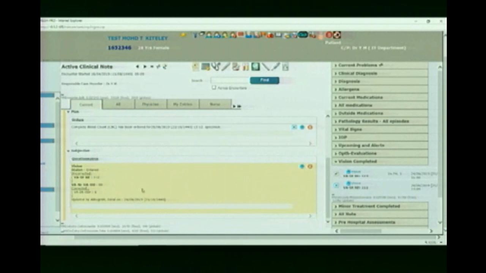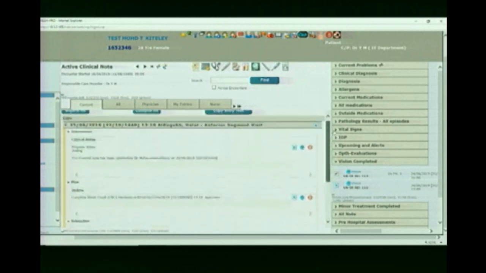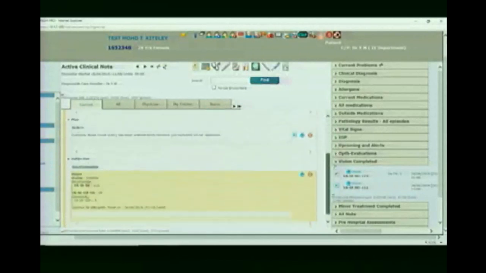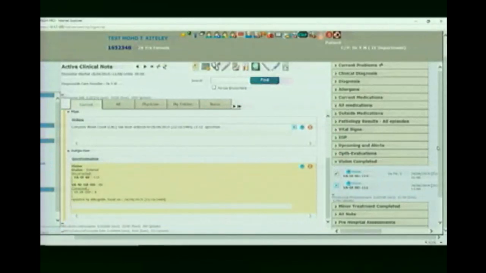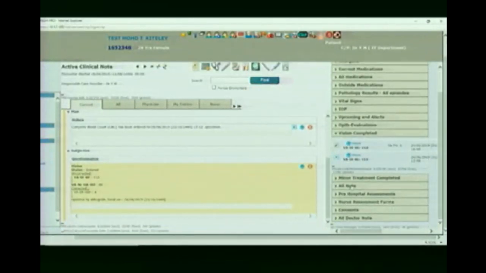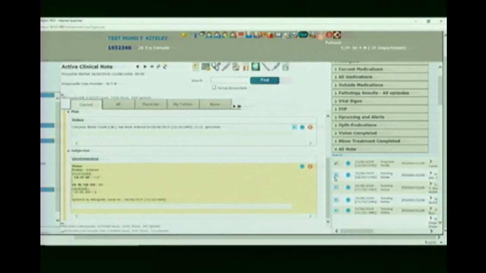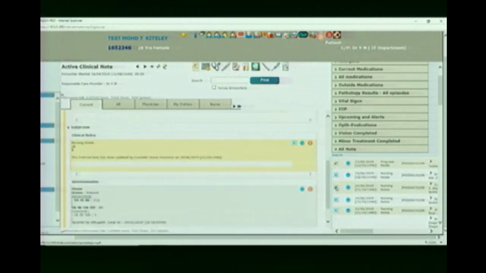Just confirmation that you can see the vision and the medications order and the progress note in the same screen. Also, if you would like to agree with other doctor opinion, or other doctor note, you just click in this X. His note or her note, it will be added to your documentation.